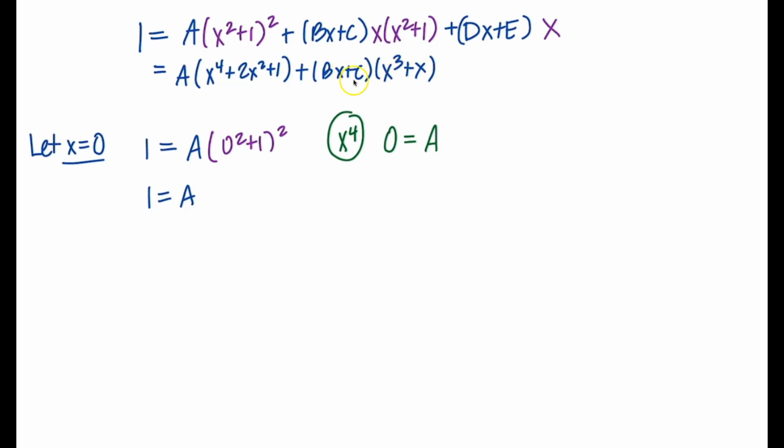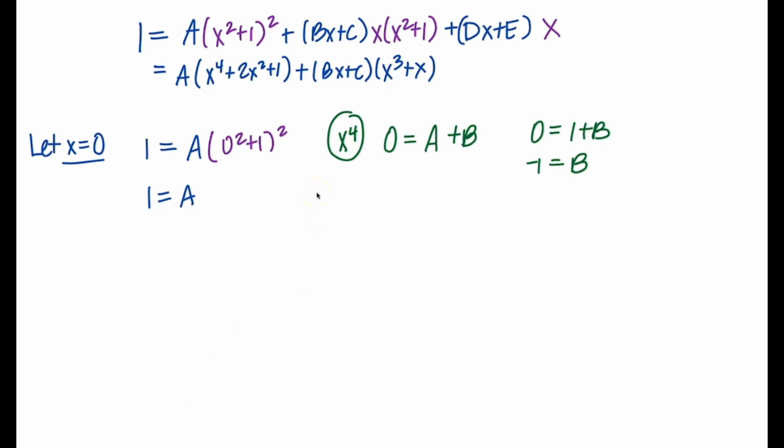And all the remaining terms there when distributing are not going to have an x to the fourth. So just bx to the fourth, so just plus b. And then here, this last one is just a dx squared. So just a plus b. Okay, well, a is equal to 1. So I have 0 equals 1 plus b, so b is equal to -1.